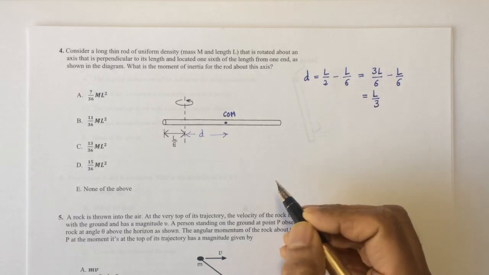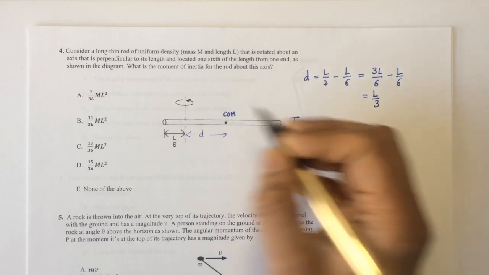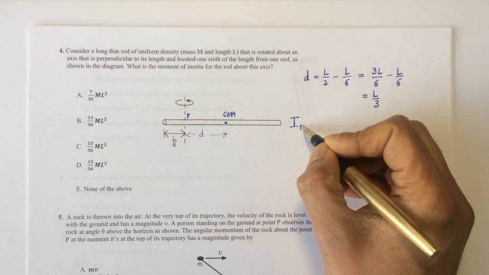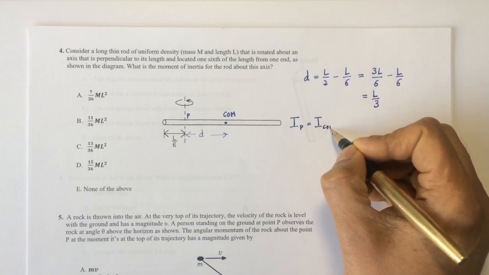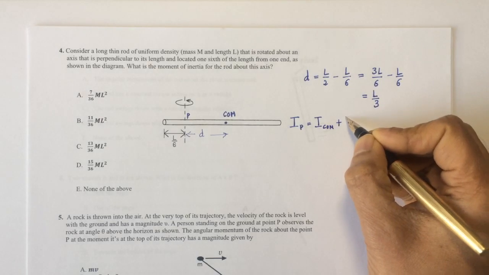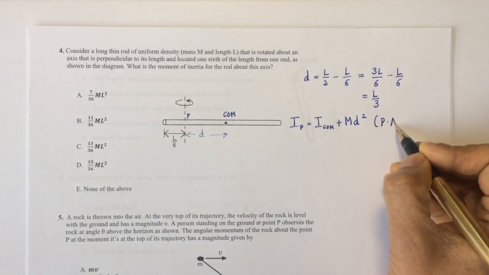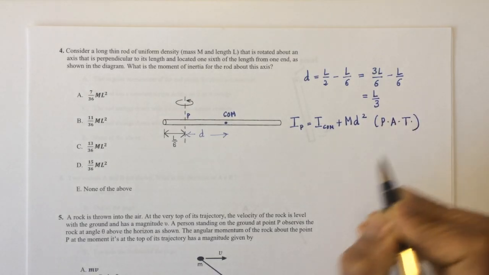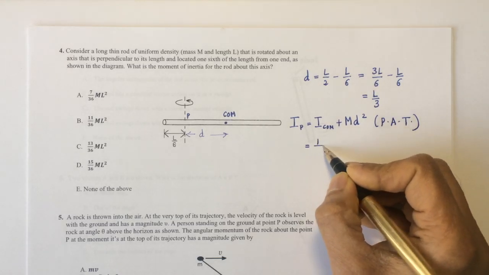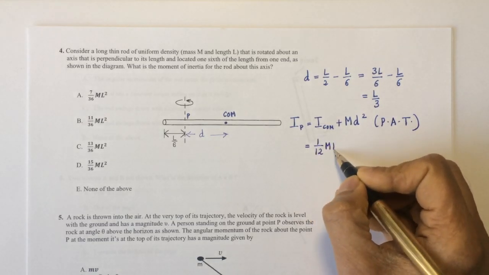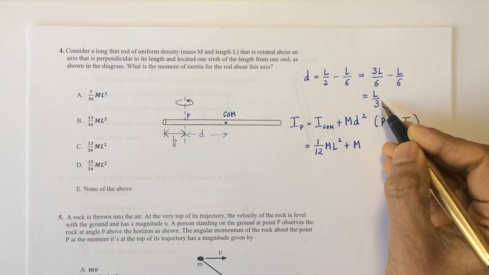So I have here the moment of inertia about this axis, which I'll call P, is going to be the moment of inertia about the center of mass plus m d squared. That is what the parallel axis theorem says. The moment of inertia about the center of mass is 1/12 m L squared, and this is m d squared, where d is equal to L over 3.